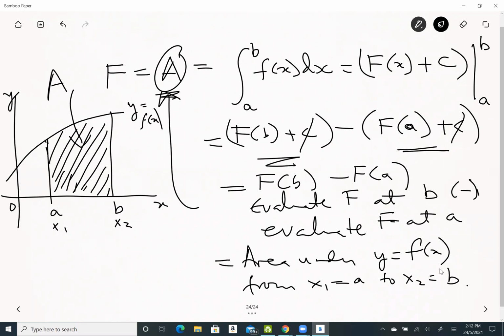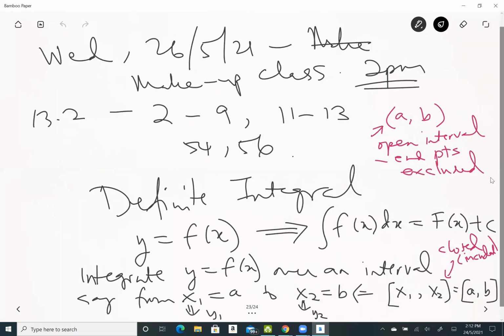Sir, with the closed bracket, we include not only the endpoint but also the initial point, right? The end point and initial point, both. Didn't I say initial point? It includes both.